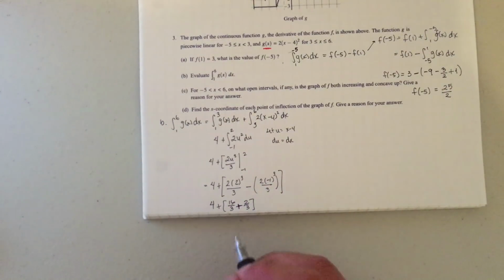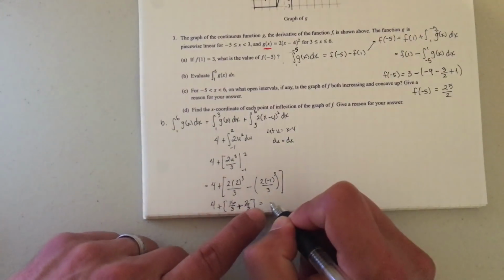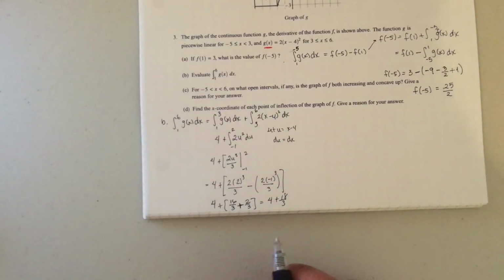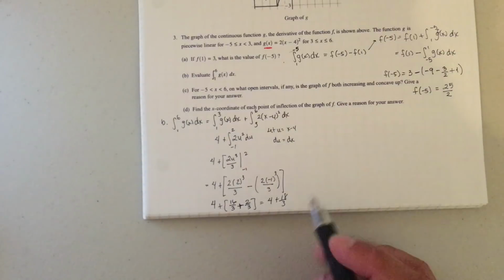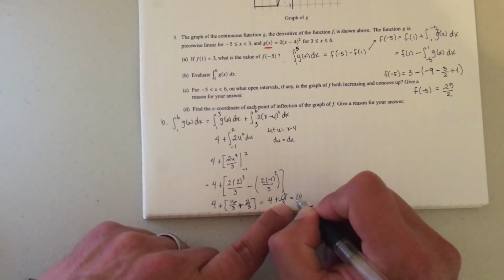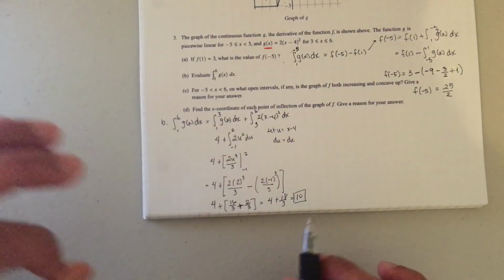So that becomes 4 plus 18 thirds, and I would just leave it like that. That's perfectly acceptable. And that's the integral. But if you want to continue to simplify, the answer you should get is 10. But if you leave 4 plus 18 thirds, that's perfectly acceptable.